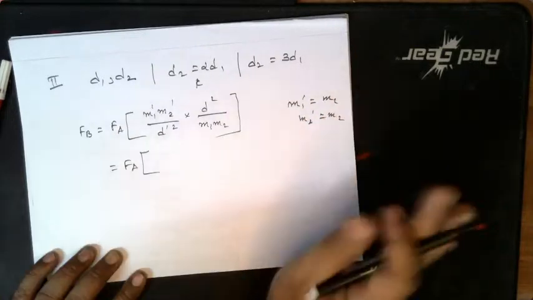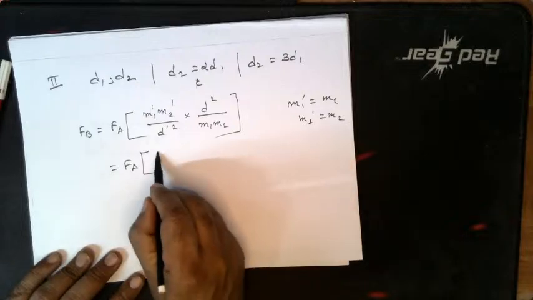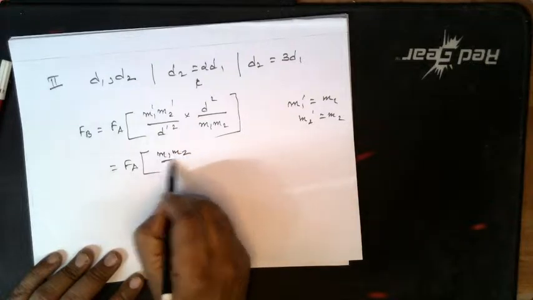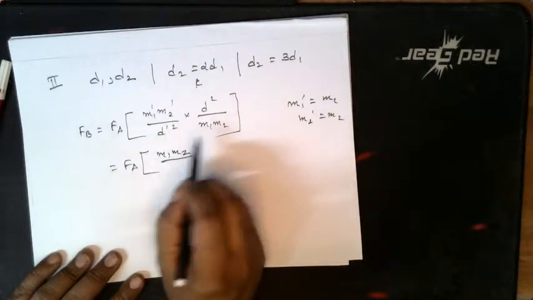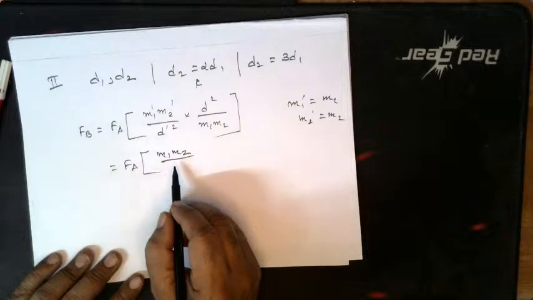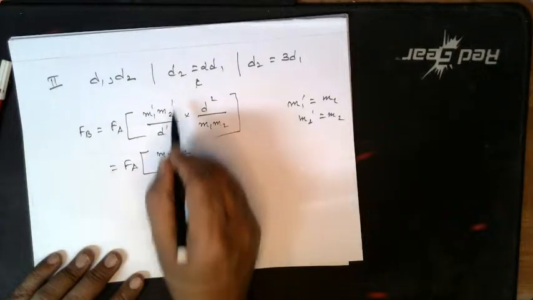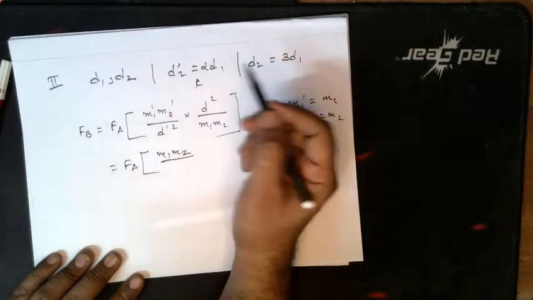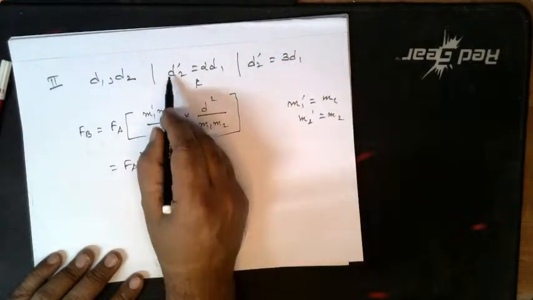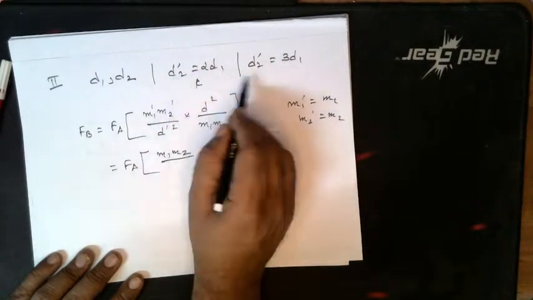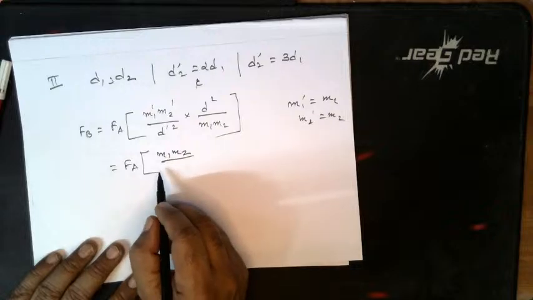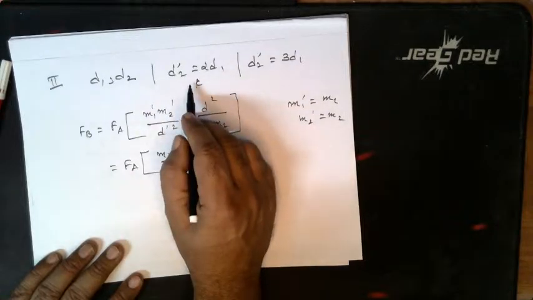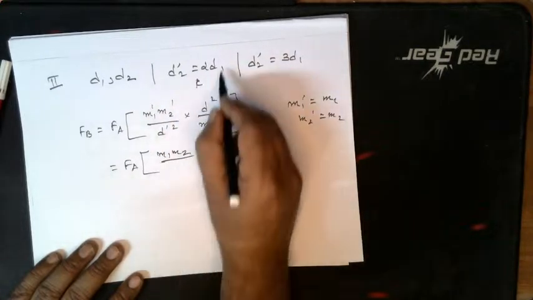So M1 M2 cancel. And D dash, that is D2, is twice D1, so you can simply put twice D instead of D1.